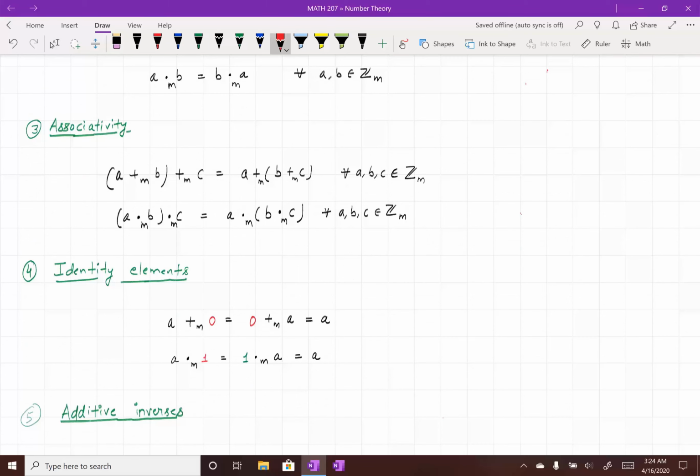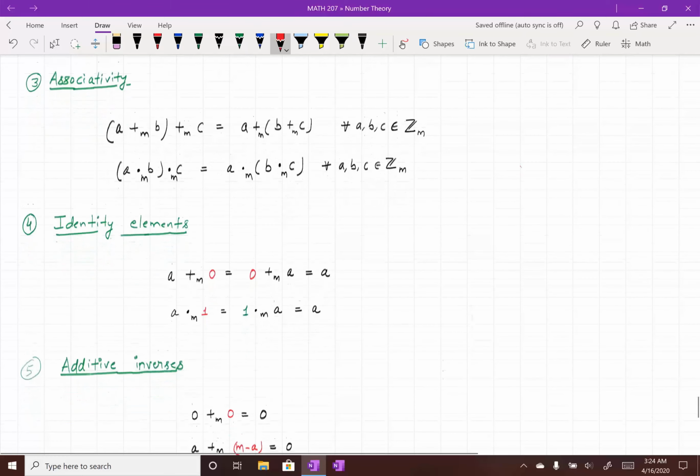So a addition modulo m with b, and then addition modulo m with c, is going to be equal to a addition modulo m with b addition modulo m with c. And similarly, a multiplication modulo m with b, multiplication modulo m with c, is going to be equal to a multiplication modulo m with b multiplication modulo m with c.